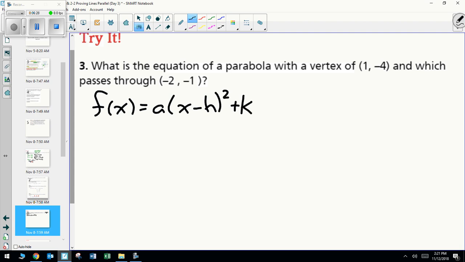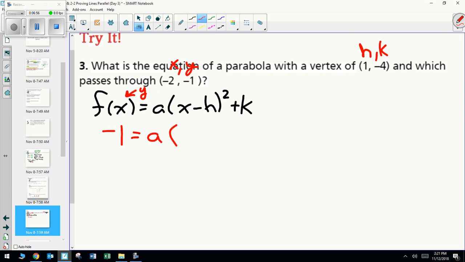And then remember that I'm given my h and my k, and I'm given an x and a y. So if I substitute in those values, I get -1, because remember, f of x is essentially y, equals my a value, I don't know, that's what I'm trying to find.